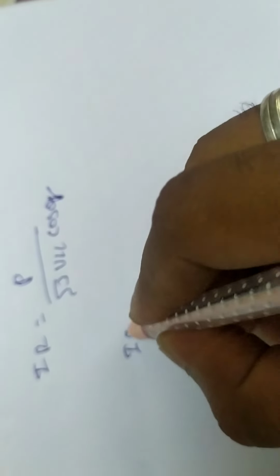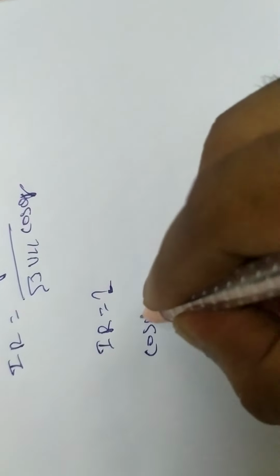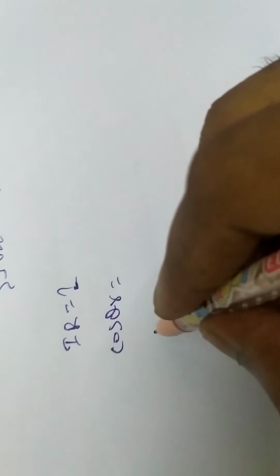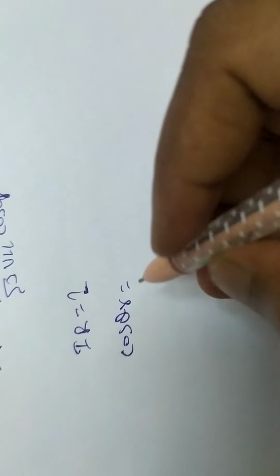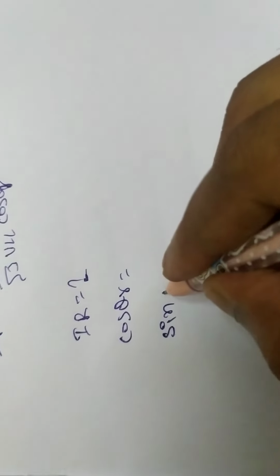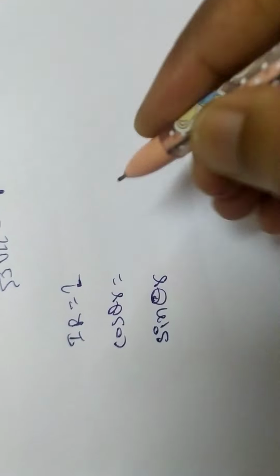we find out the IR value, and the cos phi value we already know from the given data. From that we can find sin phi R also.